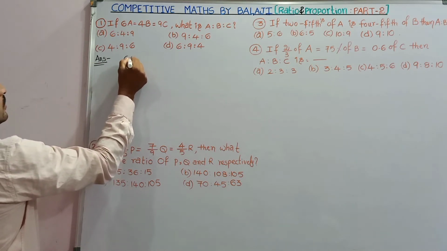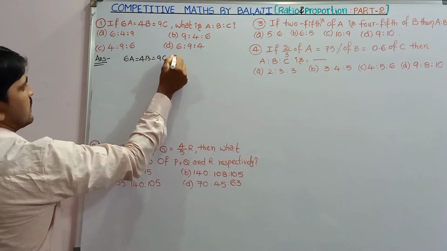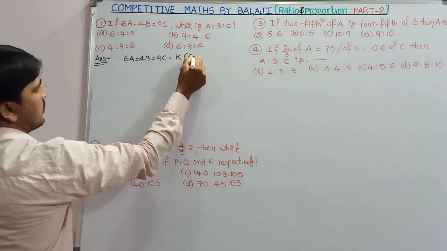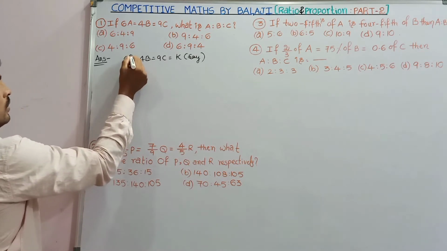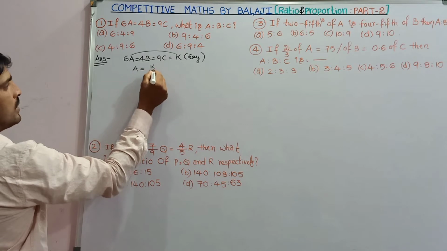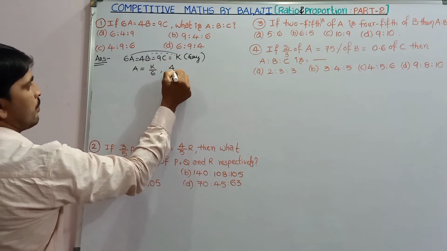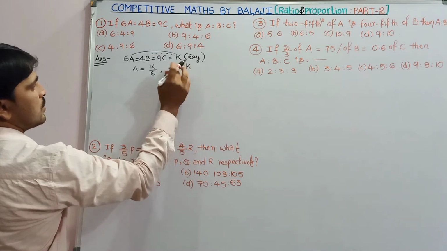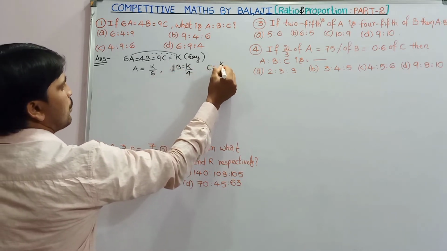That is 6A equal 4B equal 9C equal, let us say for some K, where K is an integer. Then 6A equals K, from this A equals K by 6. Similarly 4B equals K, from this B equals K by 4. Similarly C equals K by 9.